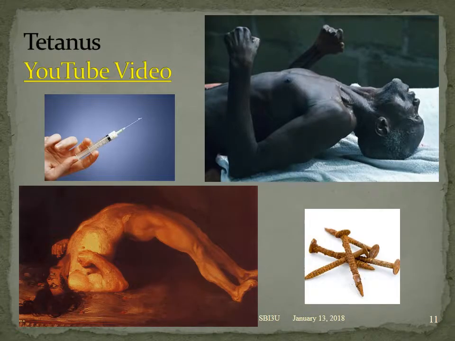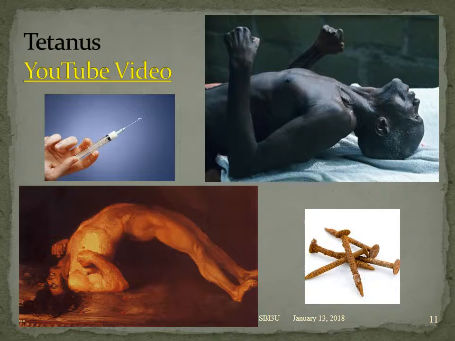Okay, well, the next one we're going to talk about is tetanus. And tetanus is caused by a bacteria called Clostridium tetani. And this is found in soil, it's found in dust, it's found in animal feces. And the problem is when this enters a wound, so let's say you step on a dirty nail, for instance, the spores from this bacteria will then get inside your body, grow into bacteria, and these bacteria produce this very powerful toxin.